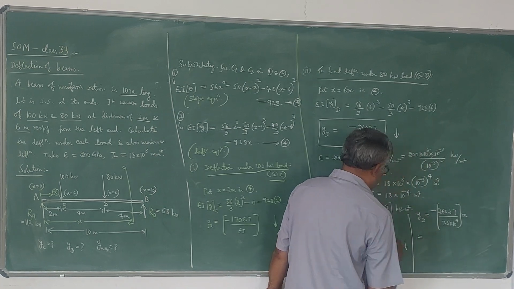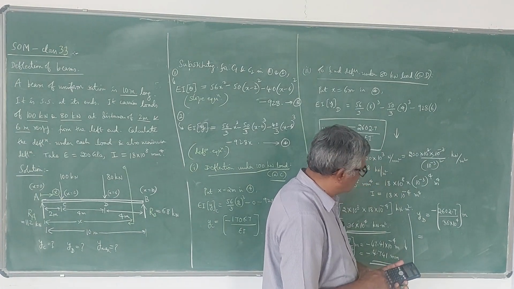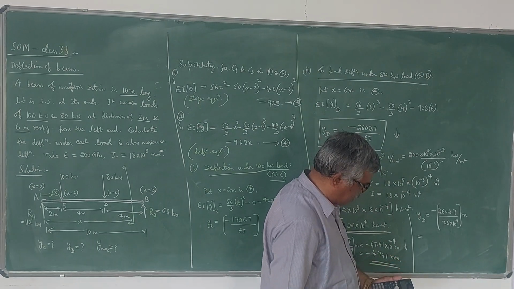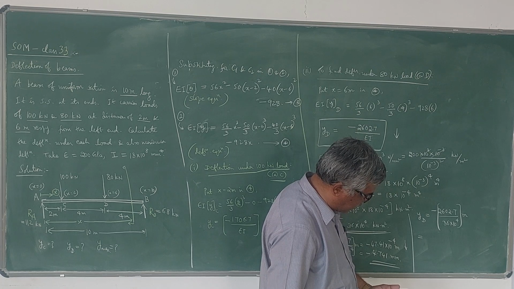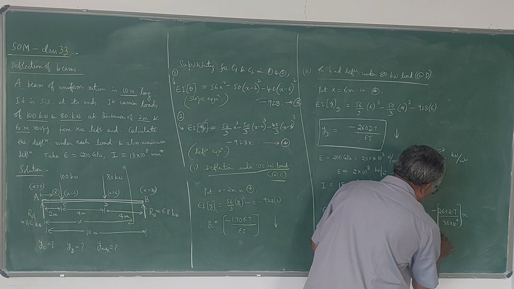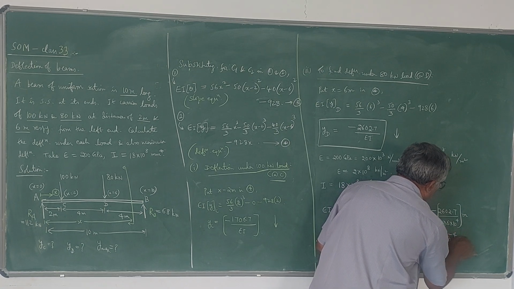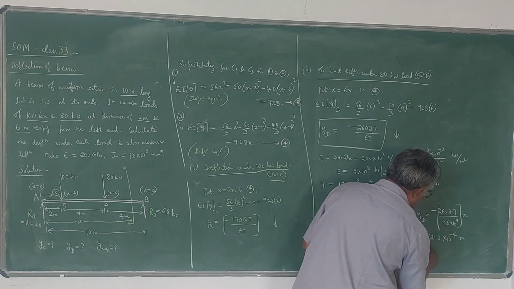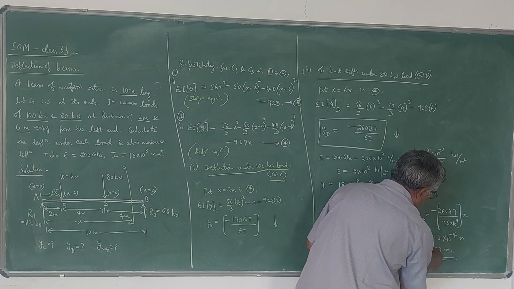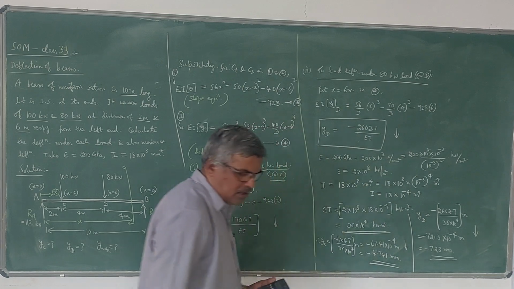On similar lines, if you simplify this, 2602.7 divided by 36 becomes 72.3, negative, into 10 power minus 4 meter, or it is minus 7.23 millimeters. Okay, so this is also a negative sign indicating downward deflection.